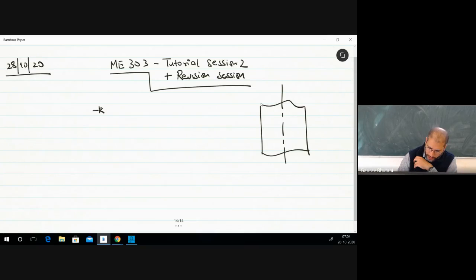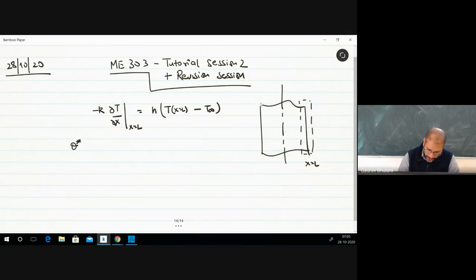So we have minus k del T by del x at x equals L. We're talking about doing an energy balance on the right boundary, which is x equal to L, is equal to h times T at x equal to L minus T infinity. And the theta star we defined was T minus T infinity divided by T initial minus T infinity.